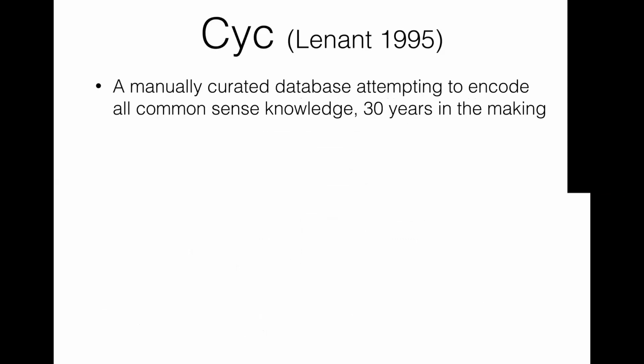So the next database is also pretty classic, and nowadays I don't think people hear a lot about it. It's called Cyc, or the Cyc project. And Cyc is basically a database of common sense knowledge.